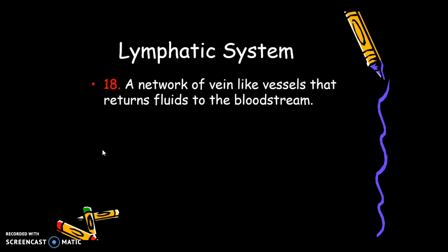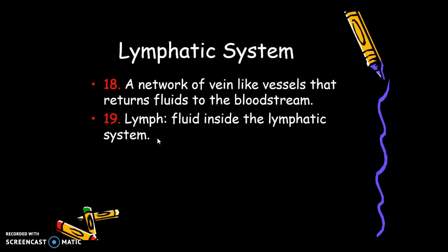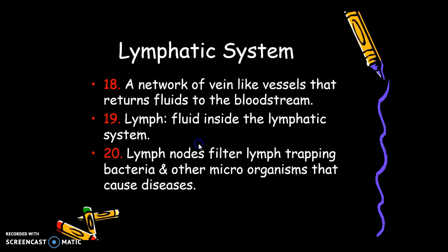A little bit about the lymphatic system. We're on to number 18 at the bottom of page 63, a network of vein-like vessels that returns fluid to the bloodstream. What is lymph? It's a fluid inside this separate network of vessels. It's a fluid that they call lymph, and it's mostly water.